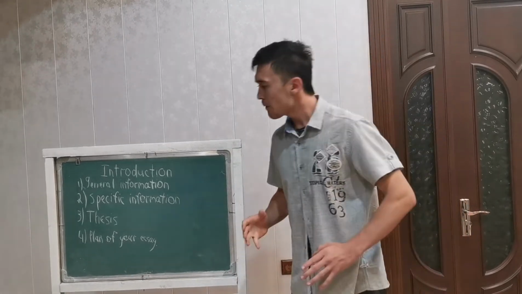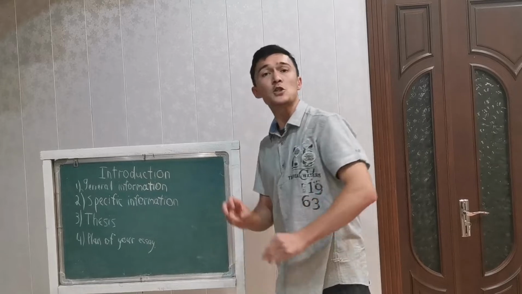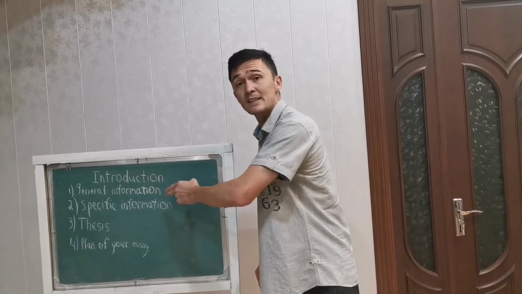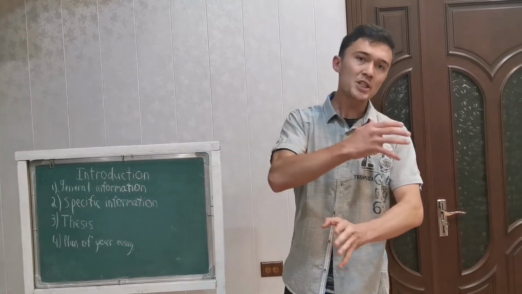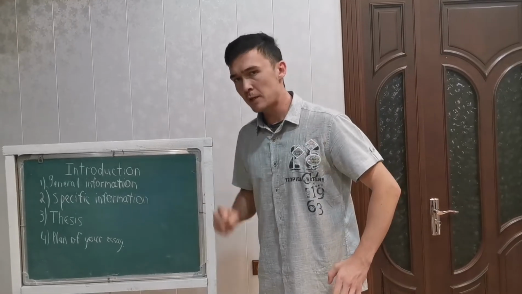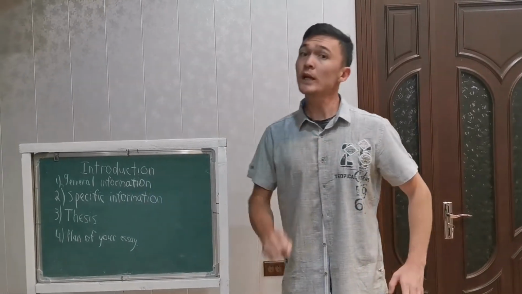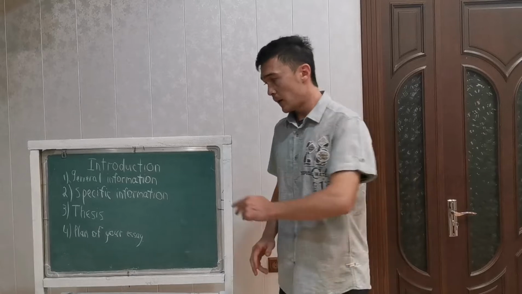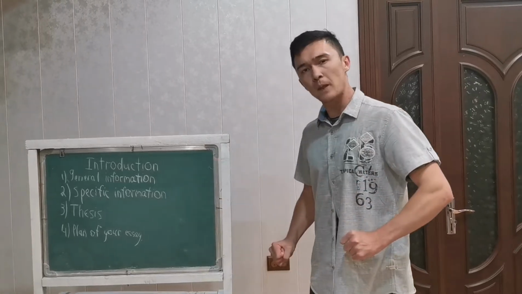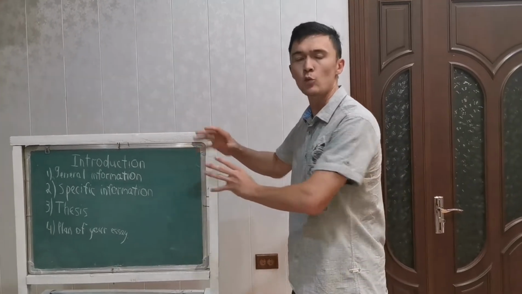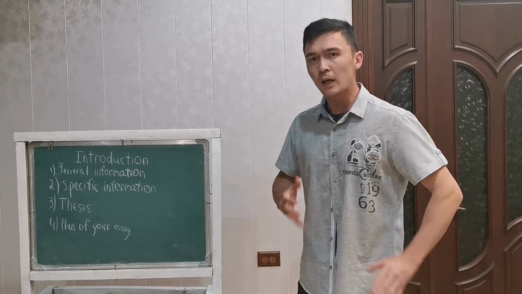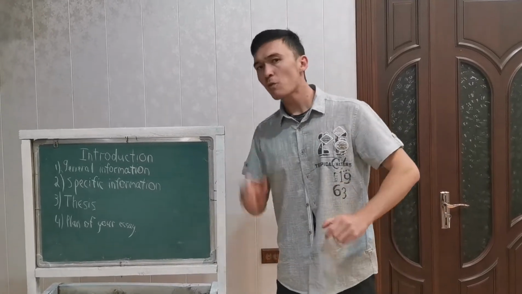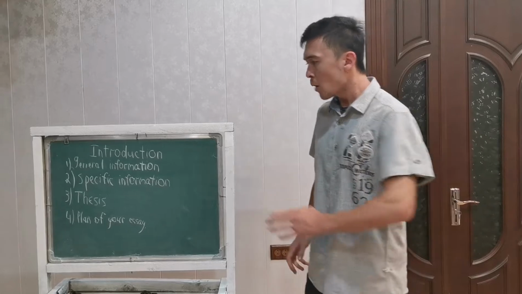For example, if I give general information about the topic, in my second sentence I link that general information into more specific information. Don't worry if you don't understand, because a bit later I will be showing a sample introduction which I've written by myself, and hopefully you'll make sense of what I mean now.